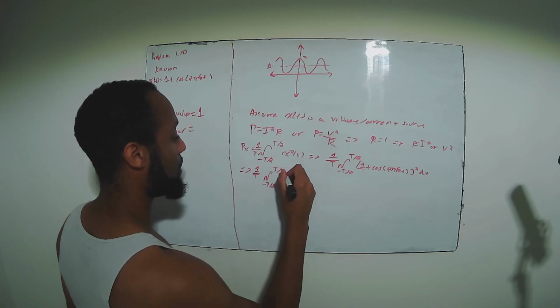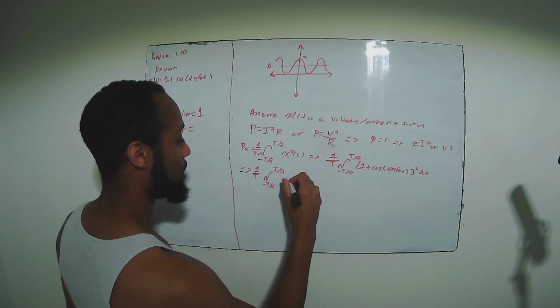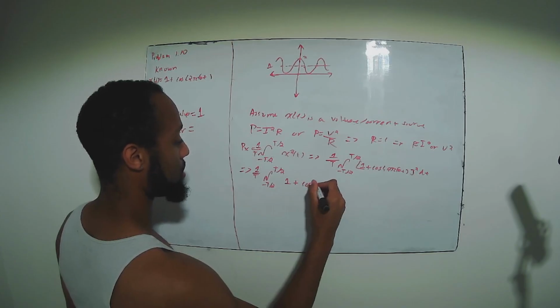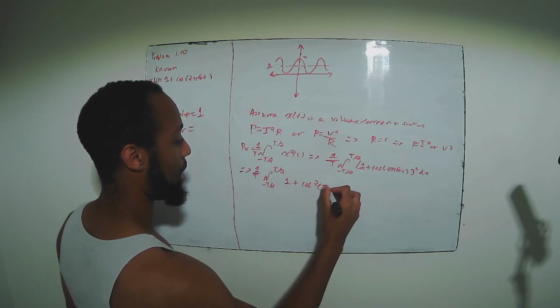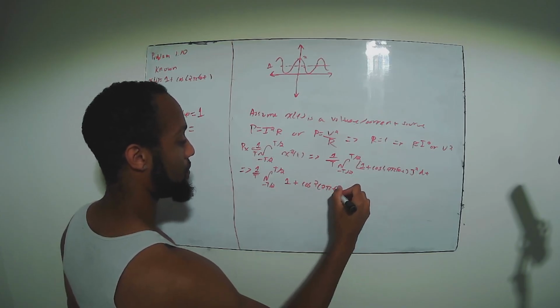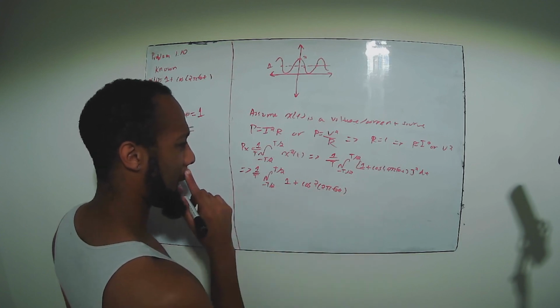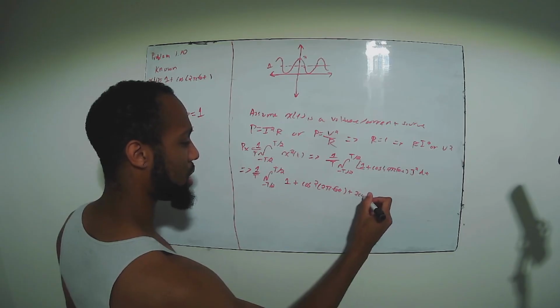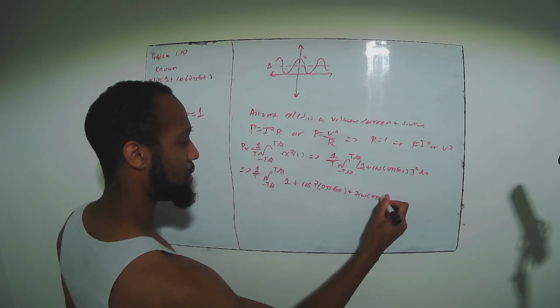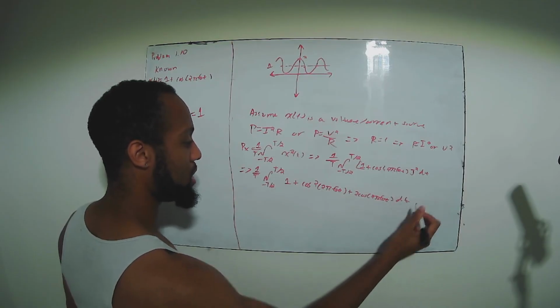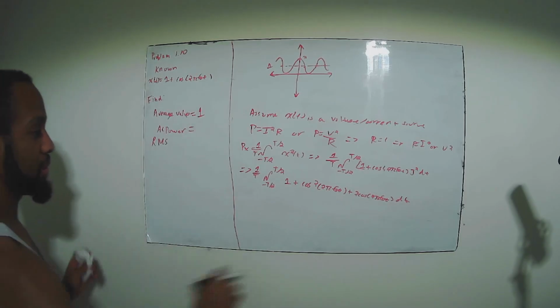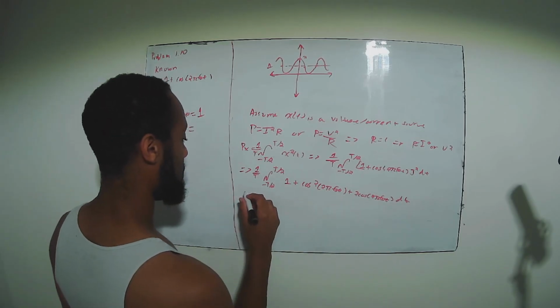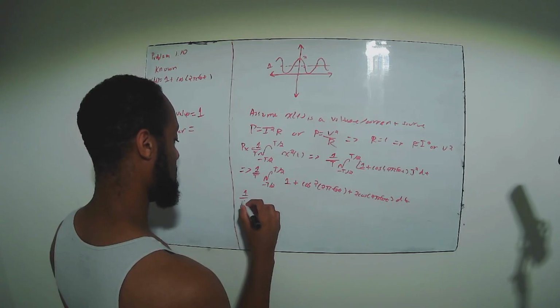The square is going to be 1 plus cosine squared of 2 pi f naught t, and then we get a plus 2 cosine 2 pi f naught t dt, right?